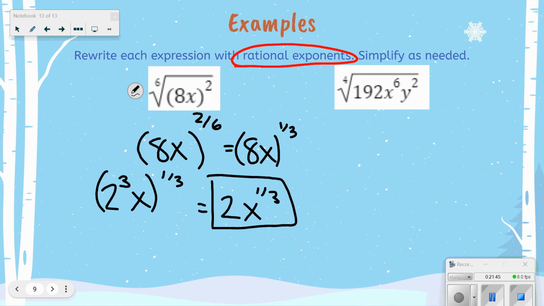In the sense of, if I could break it down to be like 2 to some power, or 3 to some power, or 4 to some power. But unfortunately, 192, we can't. So that means this problem's a little easier for us. In the sense of, now, if I want to rewrite this as a rational exponent, it would just be 192 to the what power?